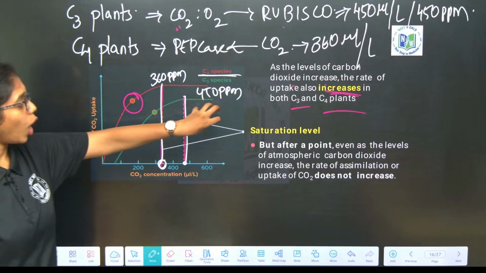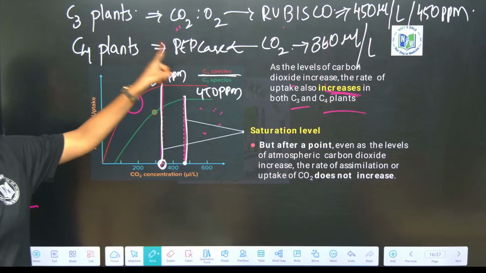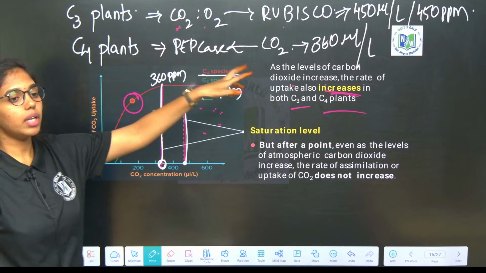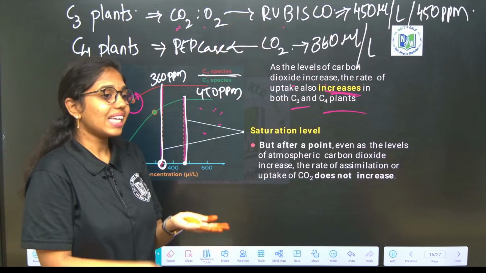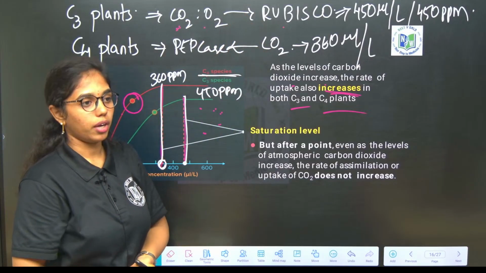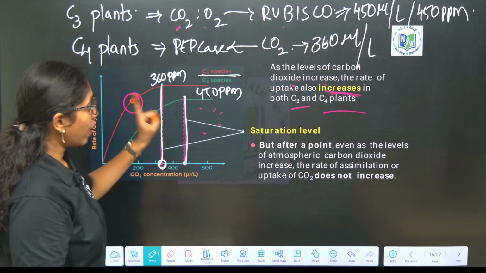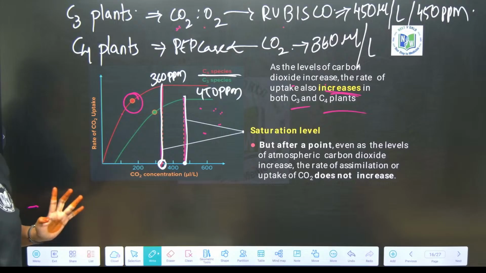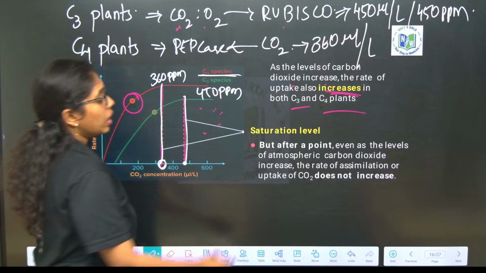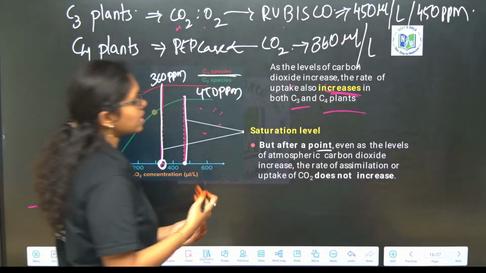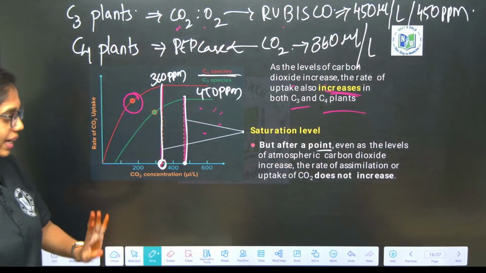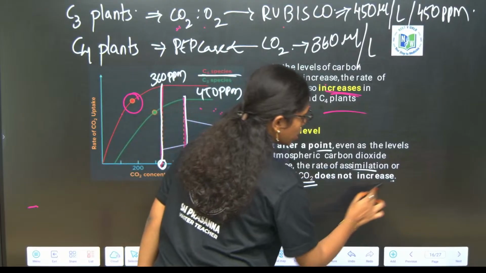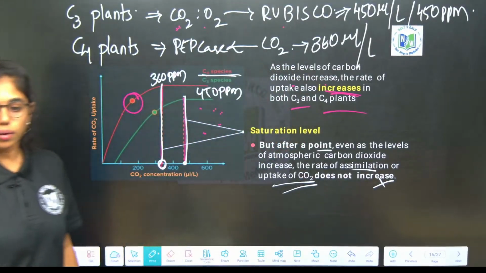The optimum for C3 plants is high because carbon dioxide and oxygen are competitively binding with Rubisco. That has raised the optimum range of carbon dioxide. Remember that. I am providing reasons for each and every point so that you will remember things easily. But after a point, even as the levels of atmospheric carbon dioxide increase, the rate of assimilation or carbon dioxide fixation does not increase. Okay. Next.